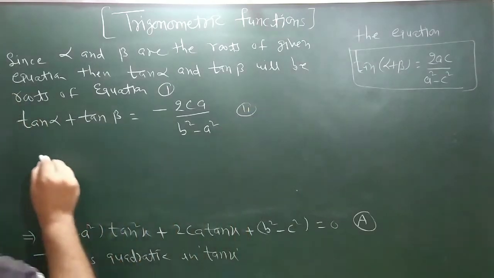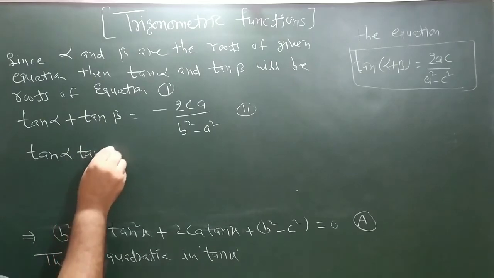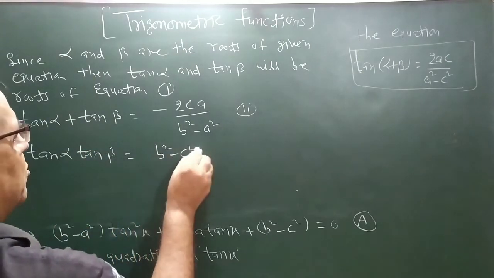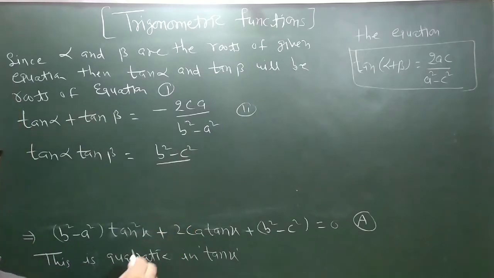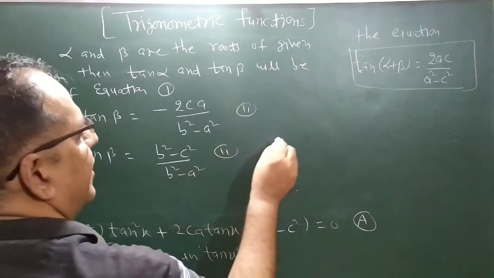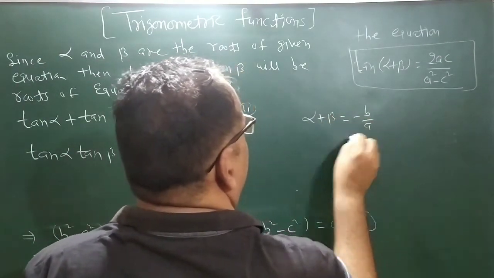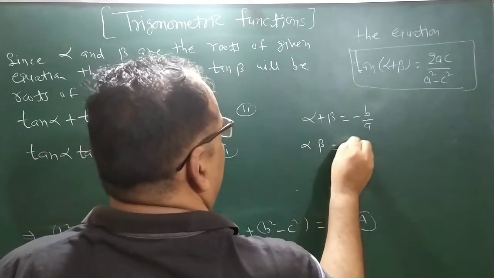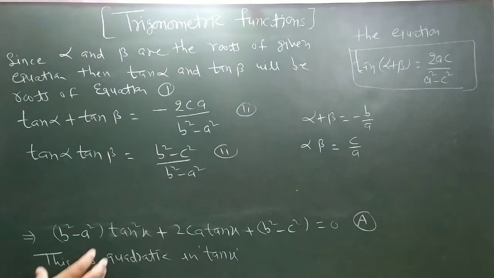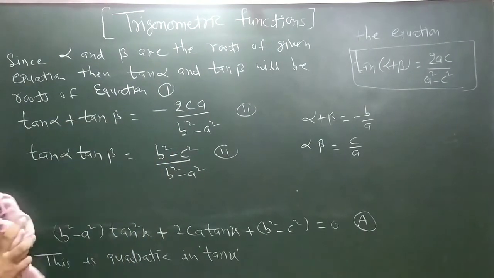And tan alpha tan beta, the product of the roots, is b square minus c square upon b square minus a square. Here alpha plus beta equal to minus b upon a and alpha beta equal to c upon a. So there are two relations between the roots and the coefficients of a quadratic equation.